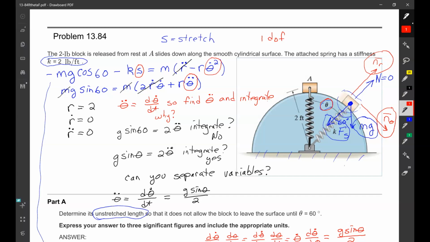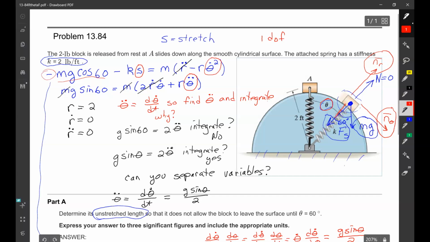Now that you have the two directions, you just simply sum the forces. You have a component of mg, given up here, mg cosine 60. It's in the, excuse me, I'm doing the radial direction. So that would be mg cosine of this angle. It'll get you this component of the force right along here. It's pointing opposite the nr, so it's negative.